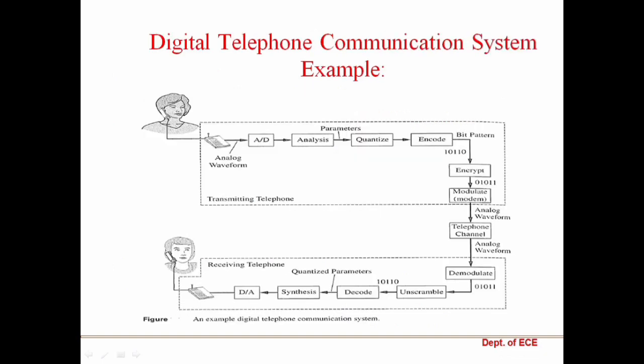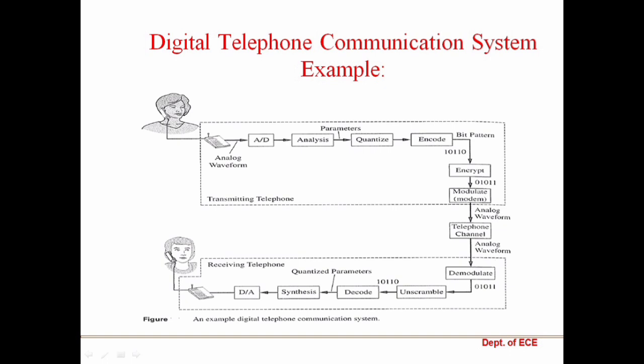This is a simple example of a digital telephone communication system. Initially we give a normal speech signal or text signal as input. It is converted into an analog waveform, and the analog waveform is given to the A to D converter, where we do sampling and quantization.